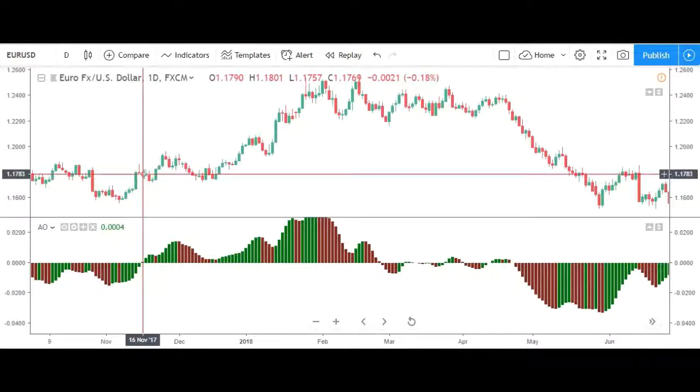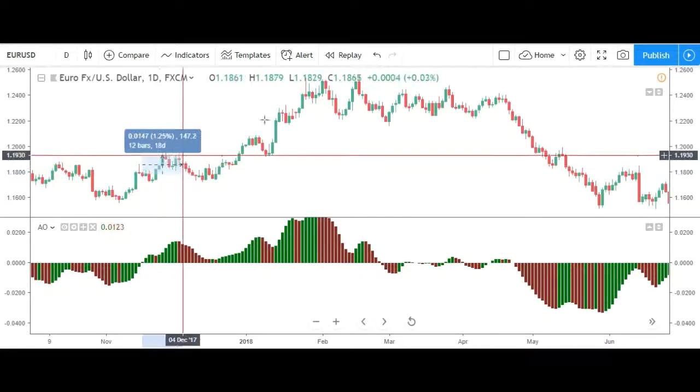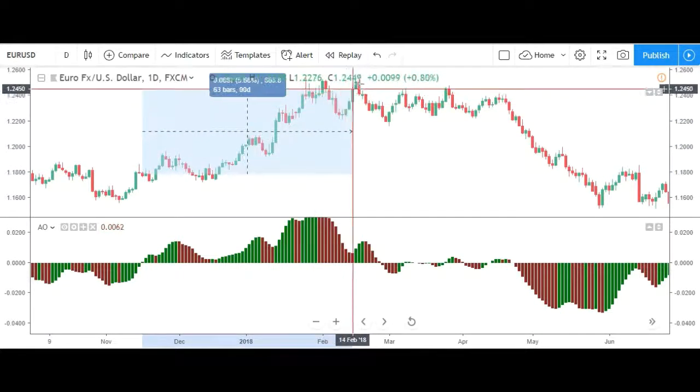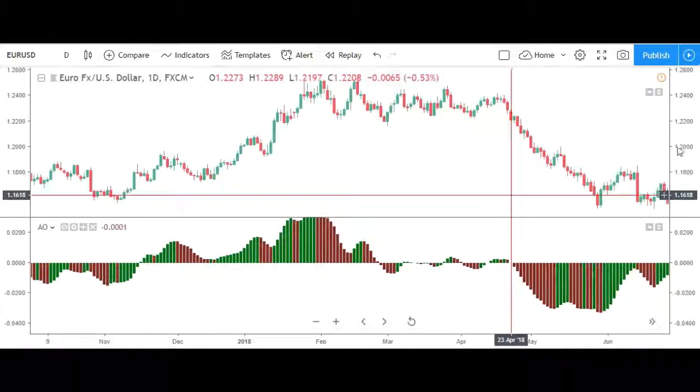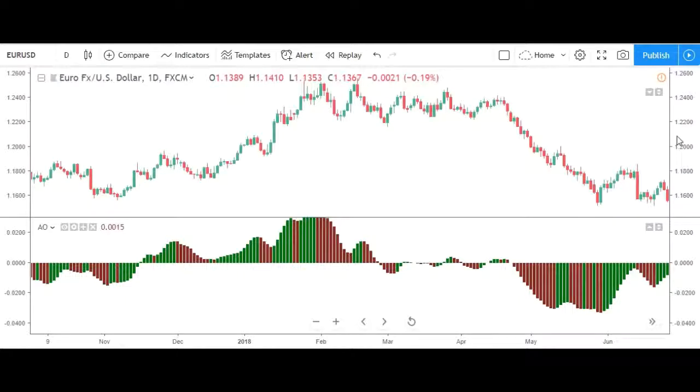And if you were trading with 50% leverage, that would have been over 3 times your investment, which is pretty impressive.